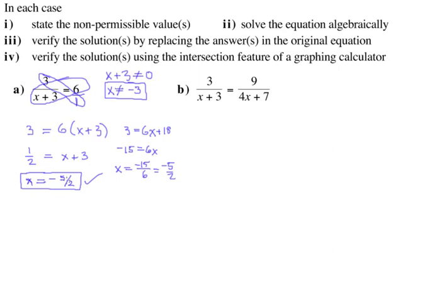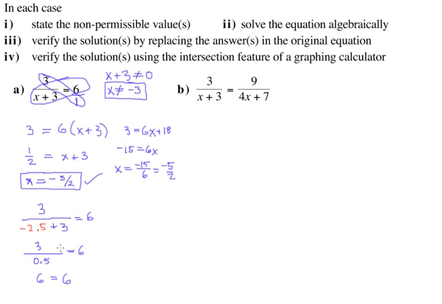And if you want to prove it's okay, you go back to your original equation, and you put what you think is the solution into that equation, and you see if it actually holds up. Here we get 3 over negative 2.5 plus 3 is positive 0.5. And 3 divided by 0.5 is indeed 6.